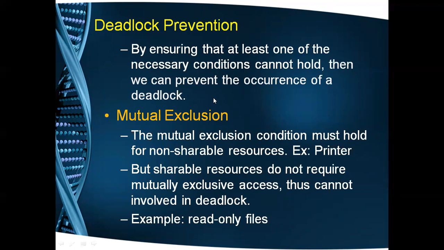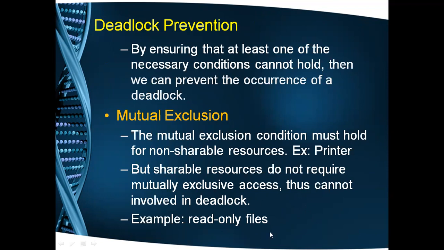We will discuss the first condition, the mutual exclusion condition. This condition must hold for non-shareable resources. Example, printer. But shareable resources do not require mutually exclusive access, and thus cannot be involved in deadlock. Example, read-only files.